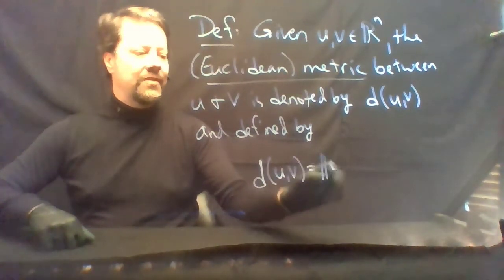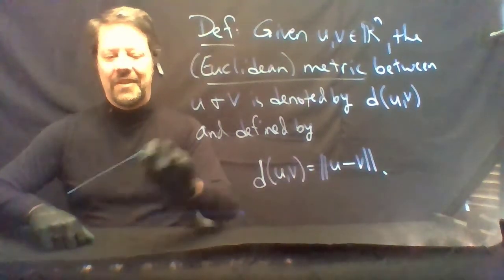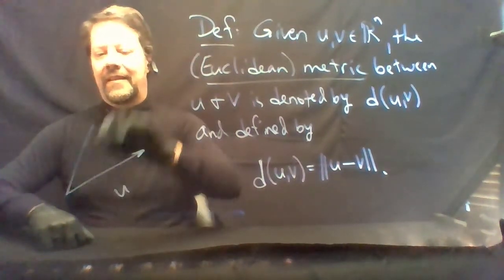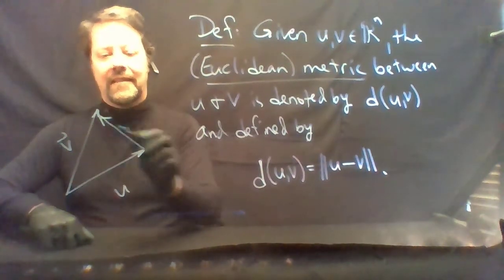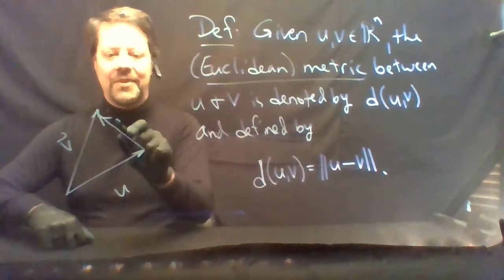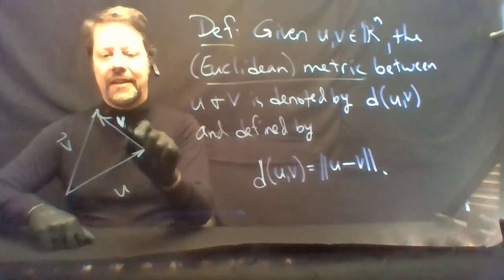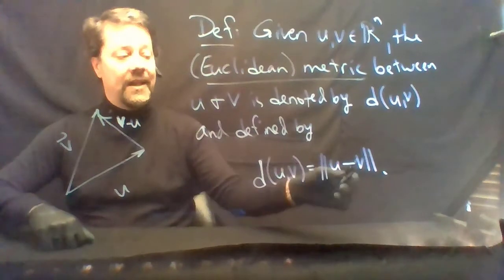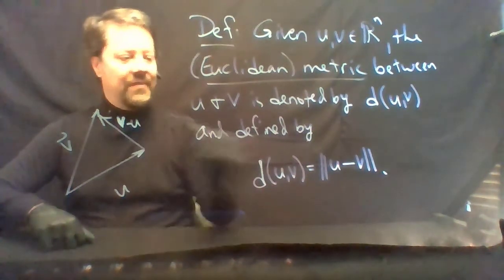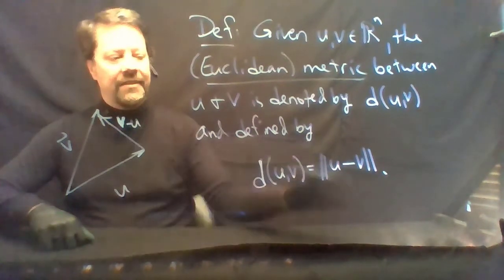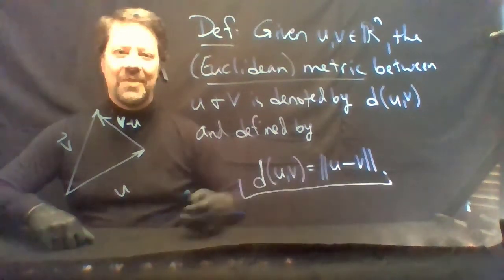So of course you take the norm of the difference. If you have u and v, to get that length of the distance between the tips, you take v minus u or u minus v. In this particular case, it's v minus u. It doesn't matter which way, because again, the negative can be eliminated. The length of that vector is equal to the Euclidean distance between them.